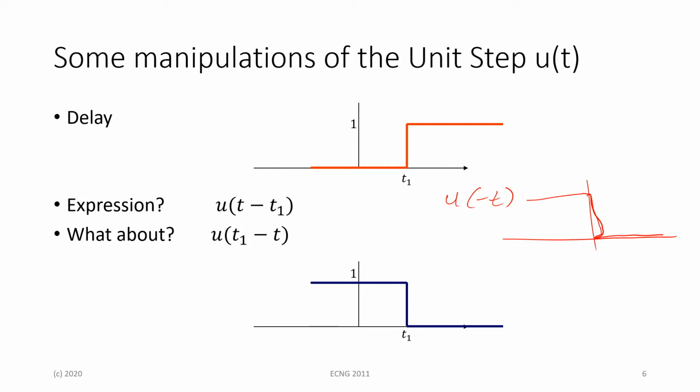And then we want to get u of minus t plus t1. So that means we need to observe what happens when we have this instantaneous change here accordingly. In this case, we know that our change occurred here when t is equal to t1.